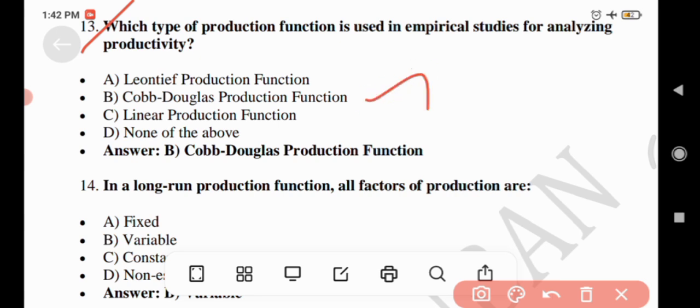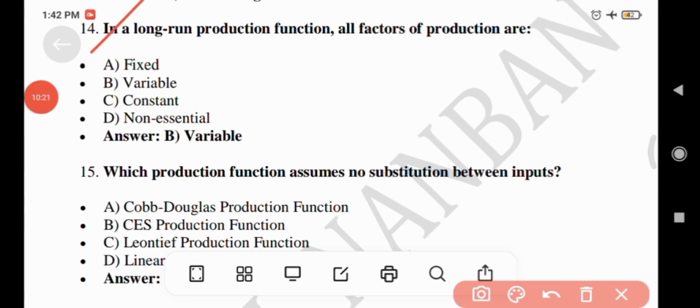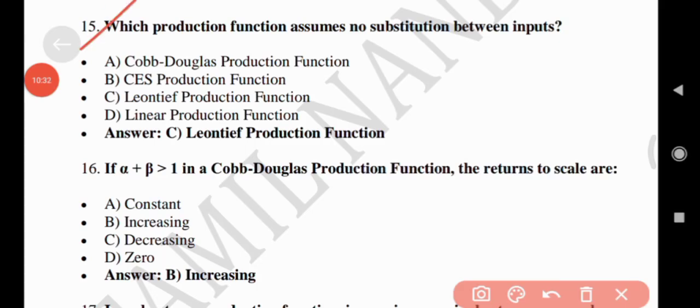Option B, Cobb-Douglas production function. In a long run production function, all factors of production are option B, variable. Which production function assumes no substitution between inputs? Option C, Leontief production function.